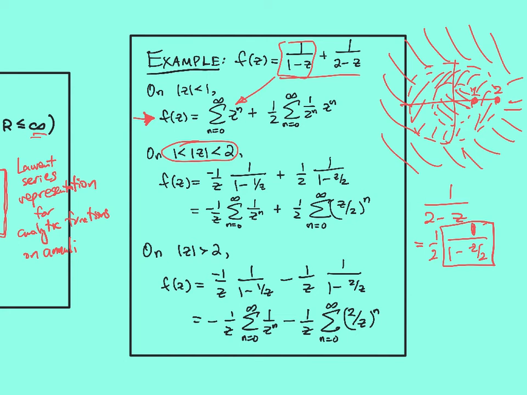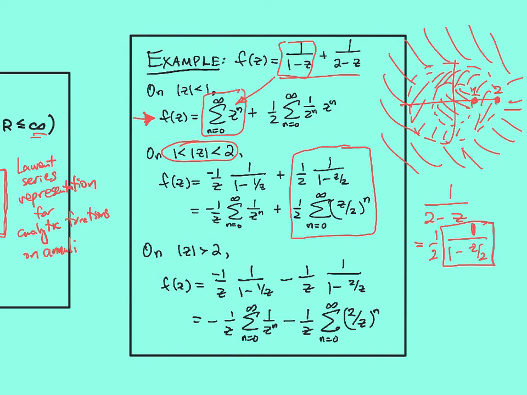Well, we can still use the power series representation for the second piece, but the geometric series that we used here in the first case is only valid for z less than 1 in modulus, so we have to do something different here.